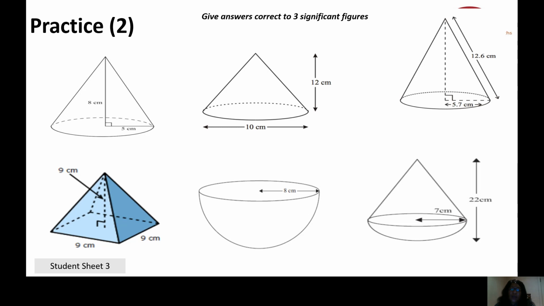at the end, and the hemisphere, also the last shape in the second row on the left.